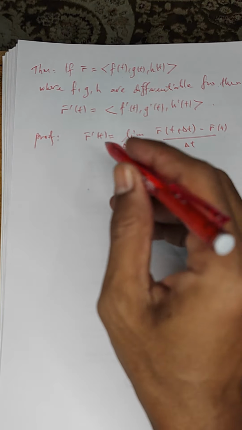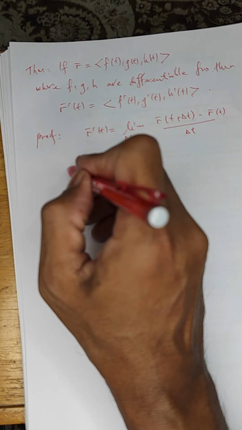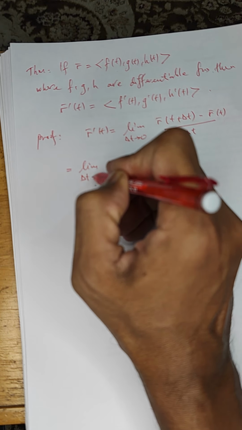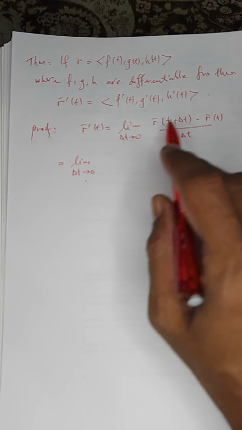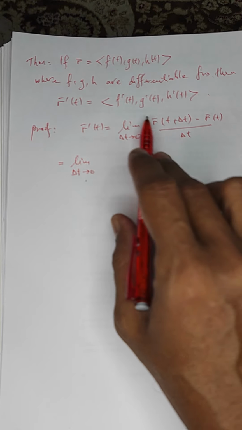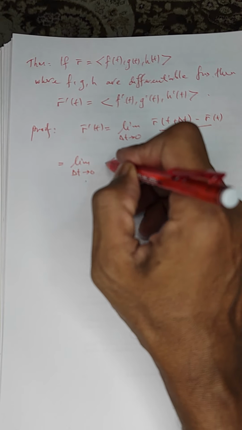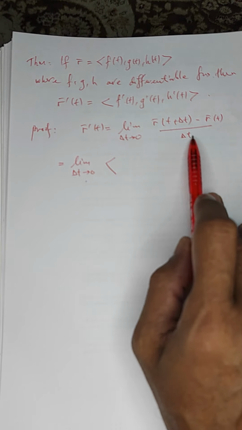I might need more space here, so I put it here. The limit as delta t approaches 0 of r(t plus delta t), in terms of components, I can take out delta t here.